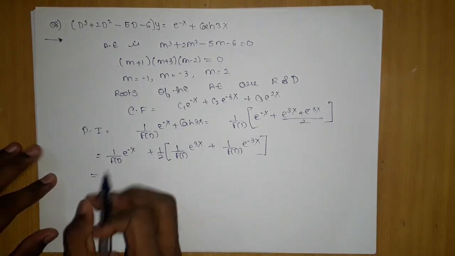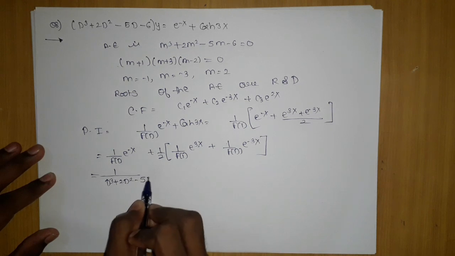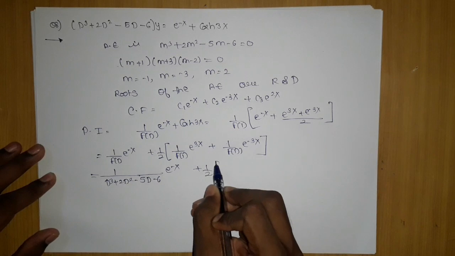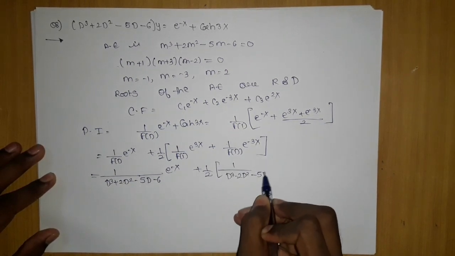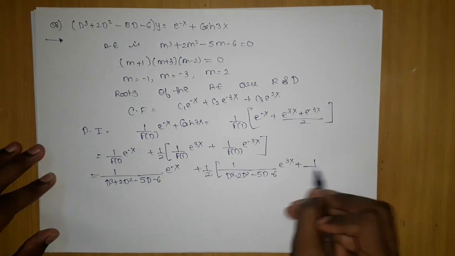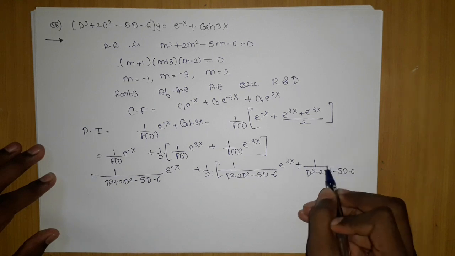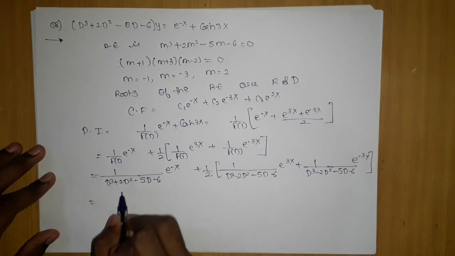So let's first write 1 upon D cube plus 2D square minus 5D minus 6 into e to the power minus x plus 1 by 2 (1 upon D cube plus 2D square minus 5D minus 6 into e to the power 3x, 1 upon D cube plus 2D square minus 5D minus 6 e to the power minus 3x) bracket close. Now here we are going to differentiate.